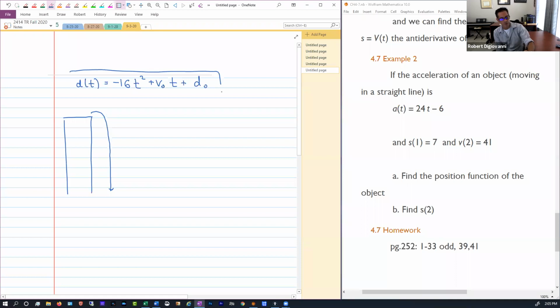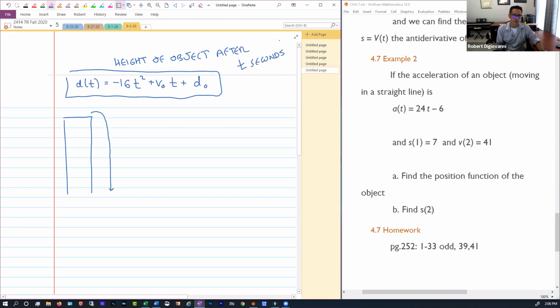This will give you the position, or the height of the object after t seconds.